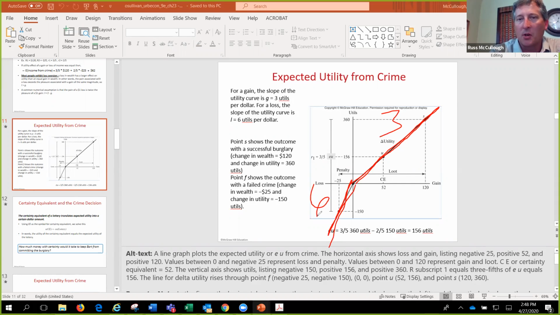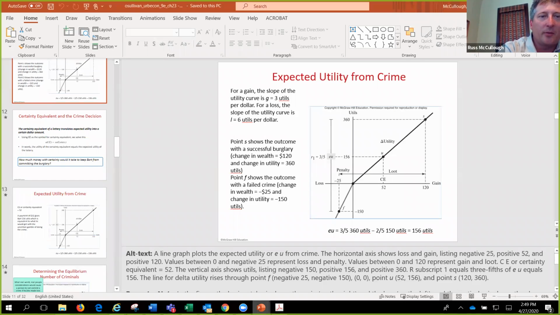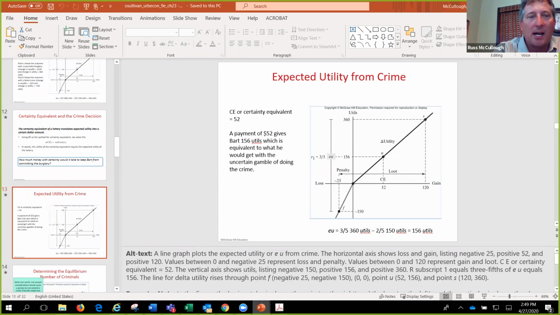So losses hurt more than gains, which is why we have the shape of that. So we calculate the expected benefit, the expected utility, and then that gets translated into the certainty equivalent. And then we did all those different types of problems saying, well, what if we did this? What if we changed the loot? What if we increased the probability of getting caught?